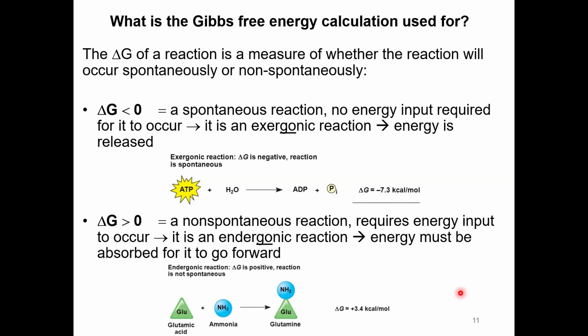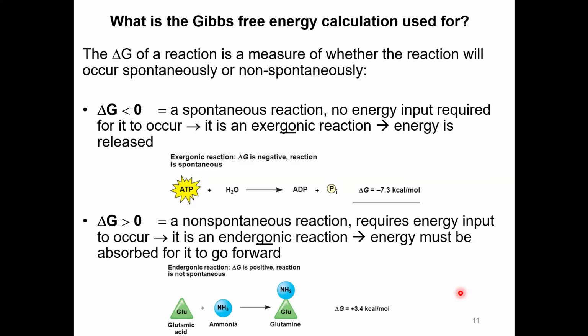So if the delta G is less than 0, it ends up a spontaneous reaction where no energy is required. And this is called an exergonic reaction, where the energy is released. So if it's negative, it's exergonic and it's spontaneous.